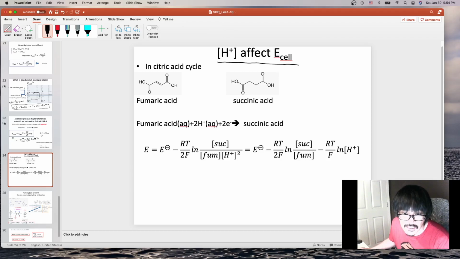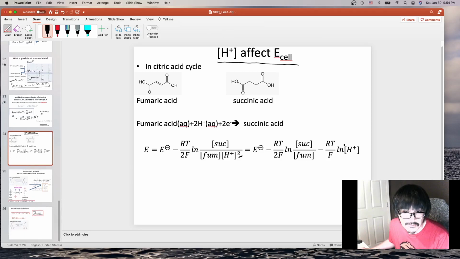Then you can get either the concentration when the battery is dead, or you can do all kinds of stuff. By the way, you notice that there is no 2 here, right? Can you tell why I'm missing the 2? Maybe the answer is somewhere here. The 2 squared in the log goes in front, and then 2 and 2 cancel, right? So it was supposed to be like this, but 2 and 2 cancel. That's what it was.